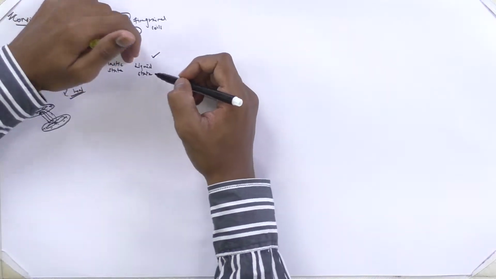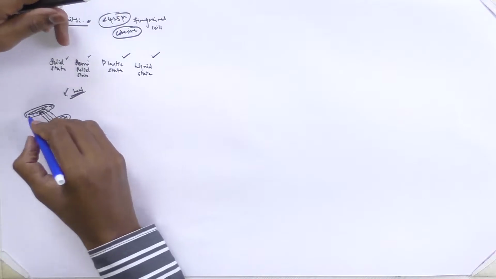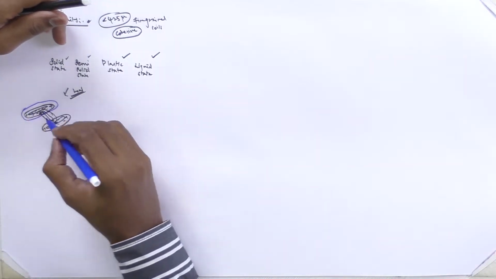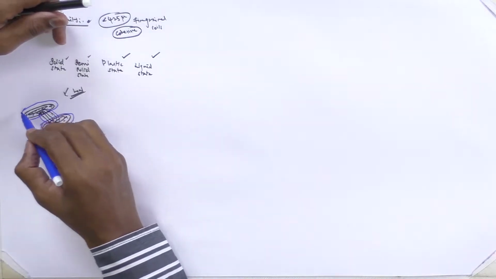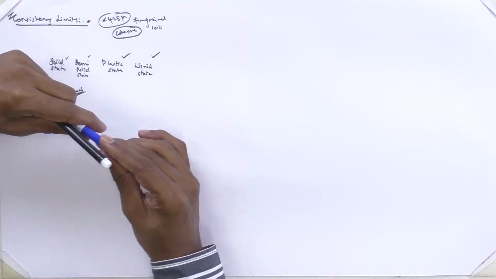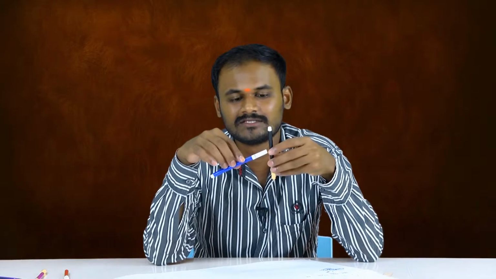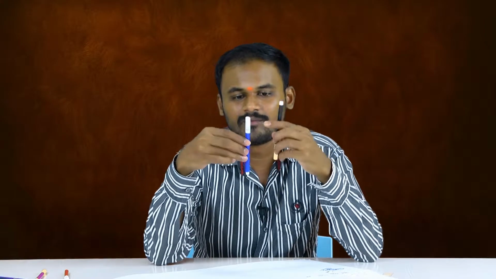What about the liquid state? In the liquid state, if you are adding more water, it again forms another layer. If you add more water, it keeps gaining. Initially it may be like this, but slowly it is turning into like this. Now we have a minus here and a minus here.